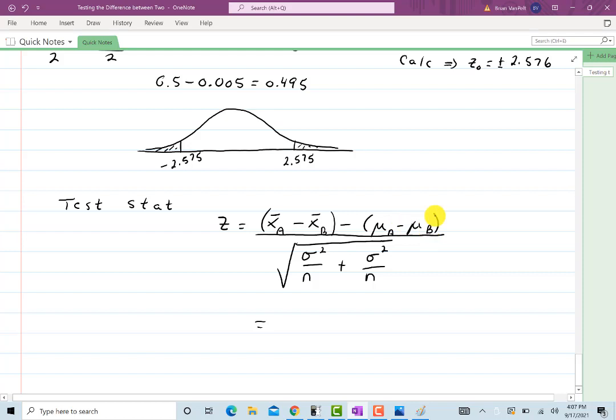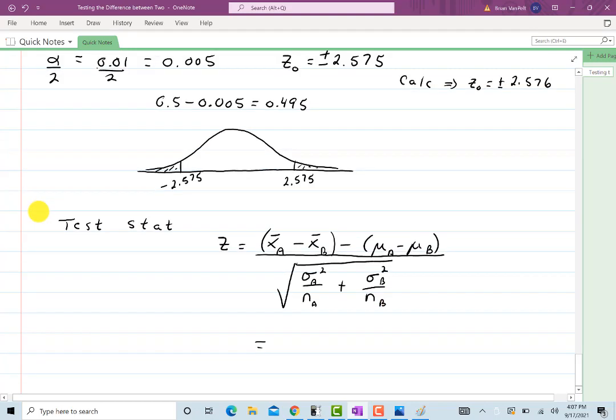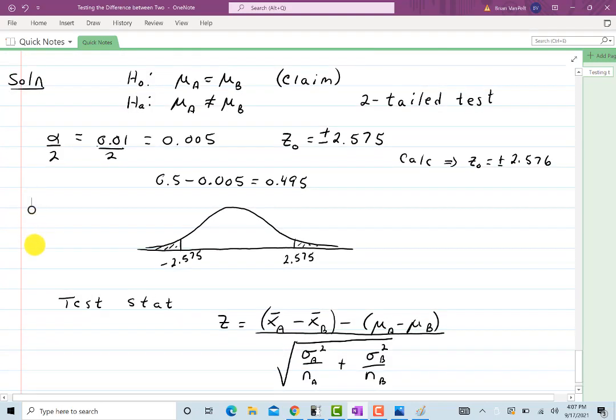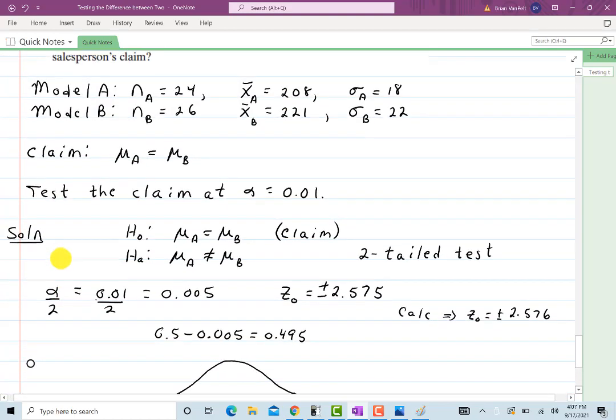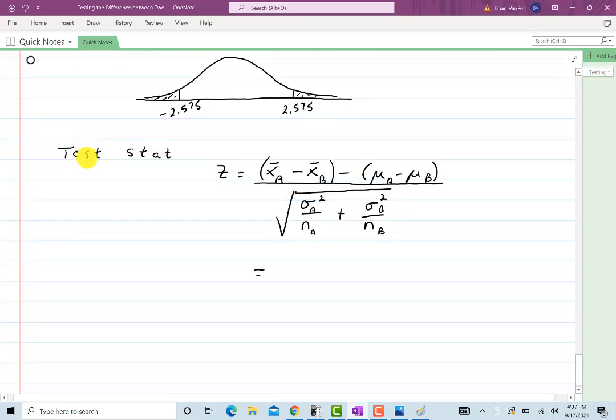Now, in the denominator, inside of the square root, none of that stuff matters. If you're in order or not, it'll commute. Now, I just noticed that when I started to put in my numbers, I'm calling them sub A's and B's. So let's take a look at what we have. X A bar is 208 and X B bar is 221. So we get 208 minus 221 minus mu.